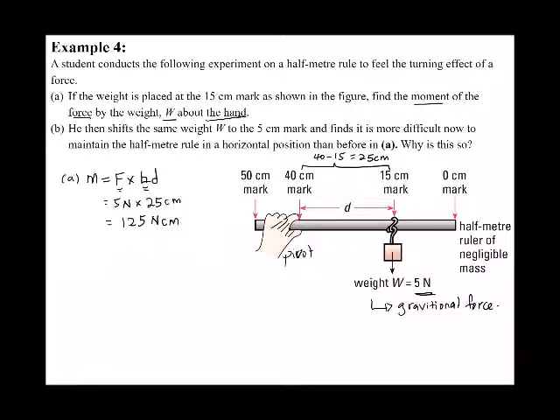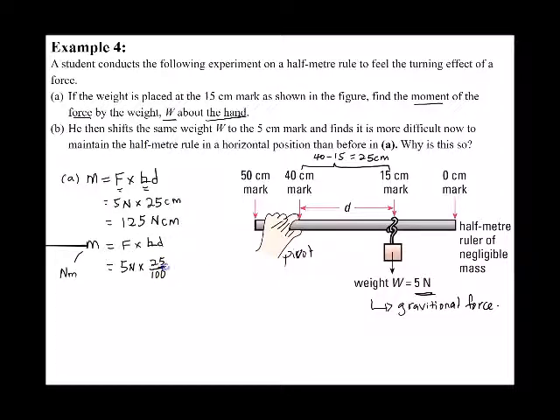Now, you can either leave it like this, or if you want to leave it in the SI unit, I know some of you will say, hey sir, but the SI unit for moment is the Newton meter. So if you want to leave it in the unit of the Newton meter, that's fine also. But what it simply means is that your perpendicular distance needs to be given in the unit of meters.